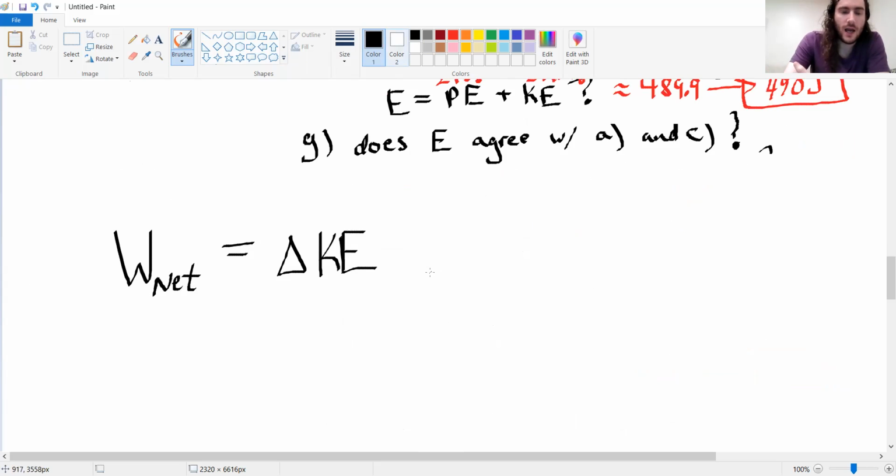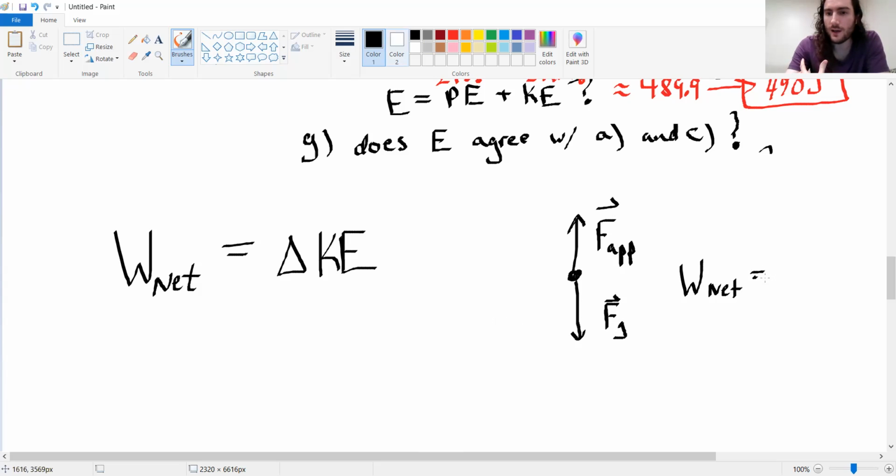Okay. And then we said, well, wait a minute, what if we do some work on an object with our applied force, but our applied force works against, let's say, gravity. So we apply a force, but that force on that object works against a gravitational force so that there's no net force on the object.